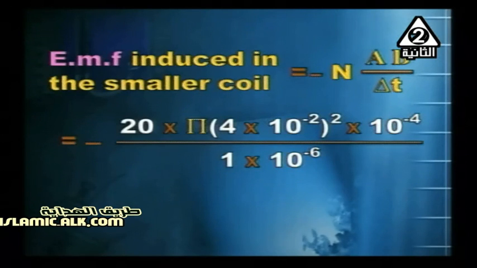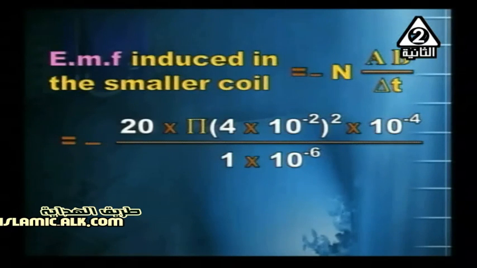EMF induced in the smaller coil is equal to, yes, Faraday's law, negative N, the negative sign here indicates Lenz's rule, delta phi magnetic over delta T. We can write it as N A B over delta T. So it is equal to 20.